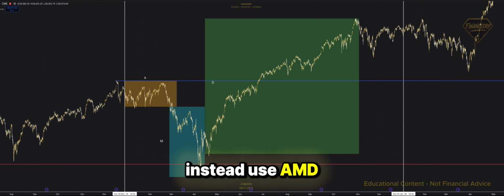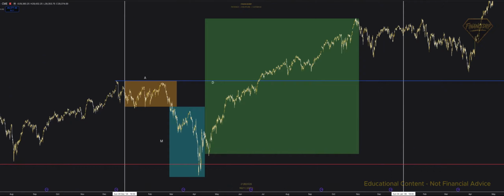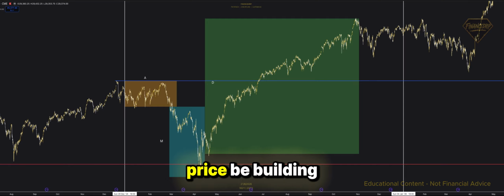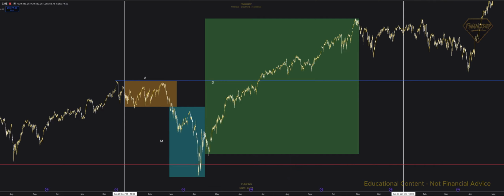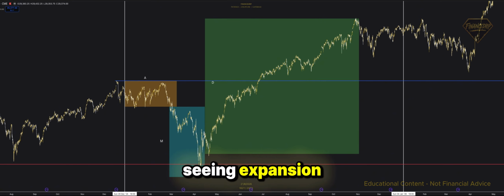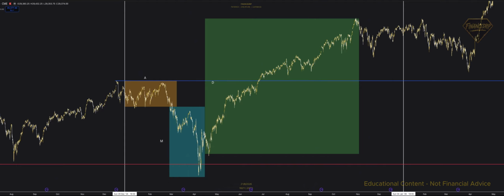Instead, use AMD as a framework when you're looking at price. Start asking, could price be building a range here? What function might this move outside the range be serving? Are we actually seeing expansion? And most importantly, what function might this movement be serving inside the larger price delivery?